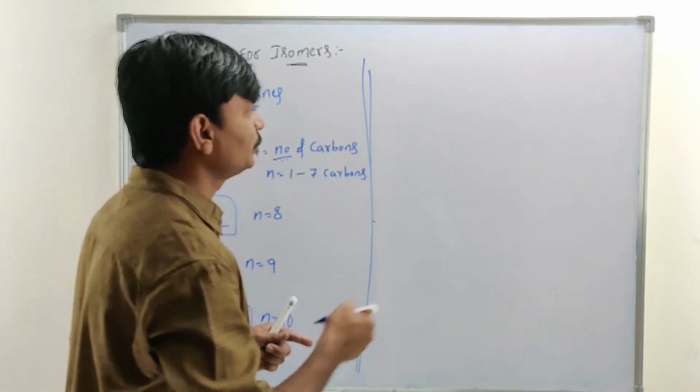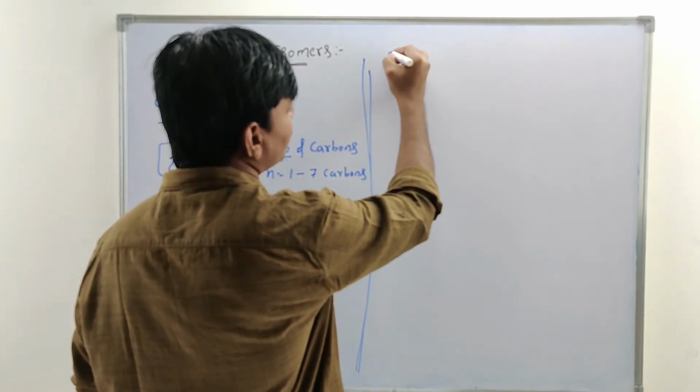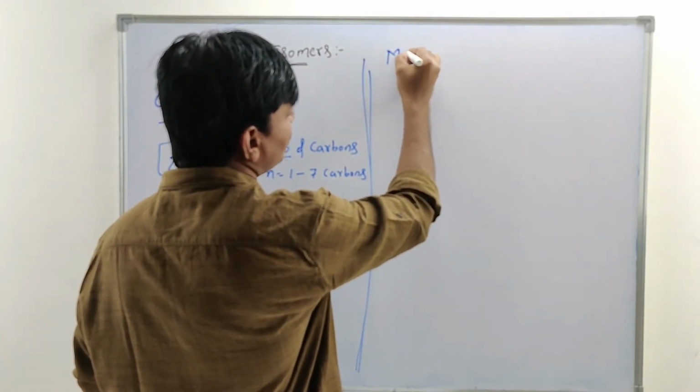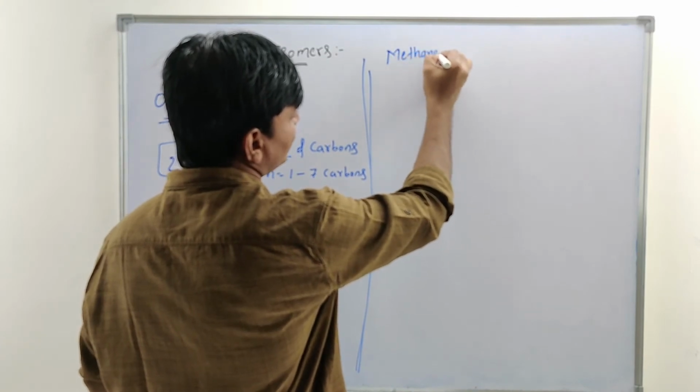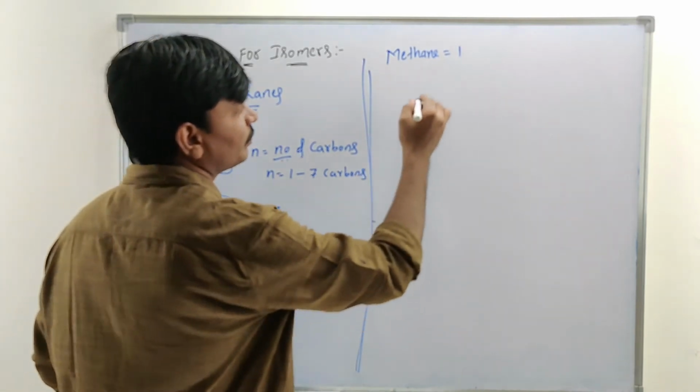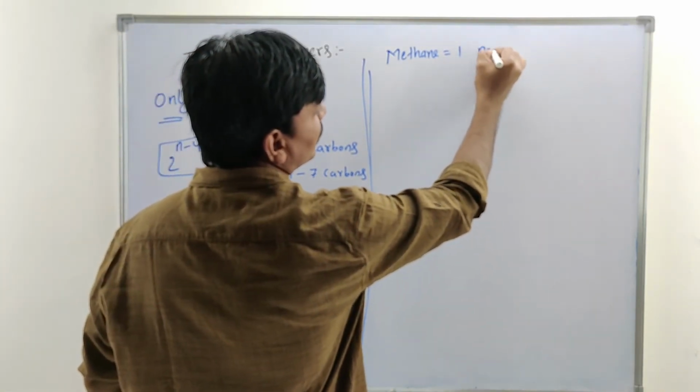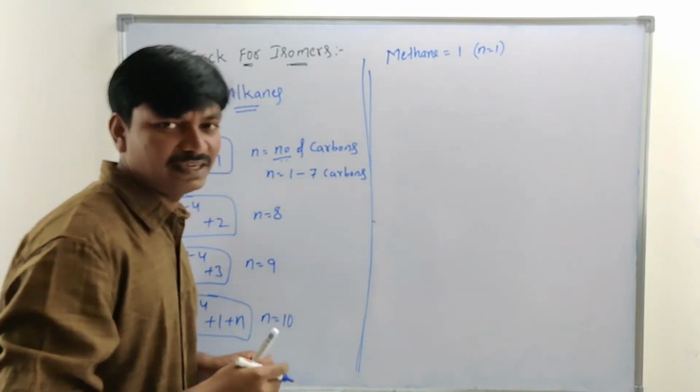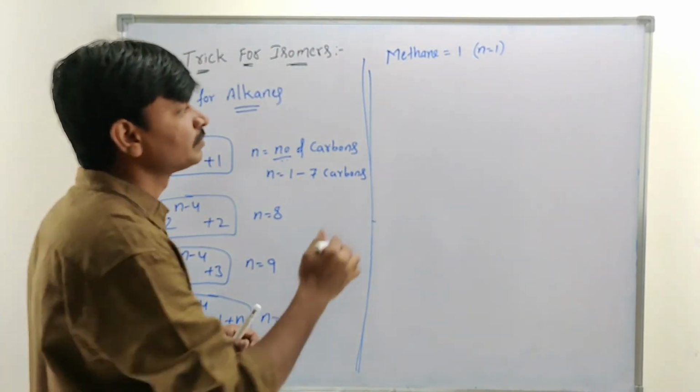Therefore, the number of isomers for alkanes: the first one is methane. Methane has only 1 isomer, and methane has n equal to 1, only 1 carbon atom.